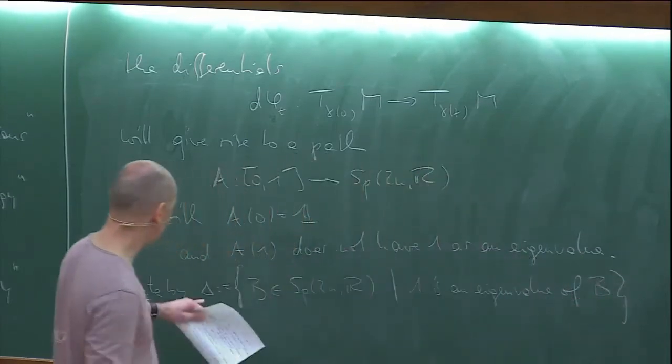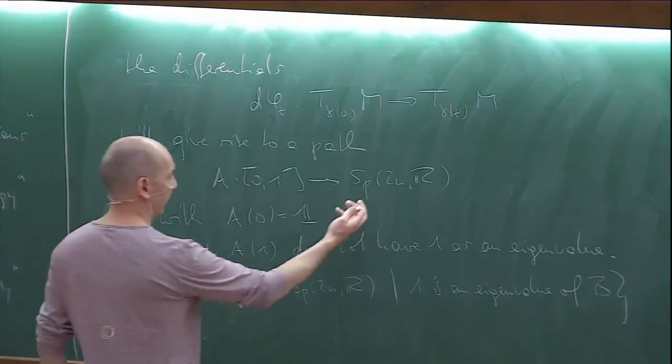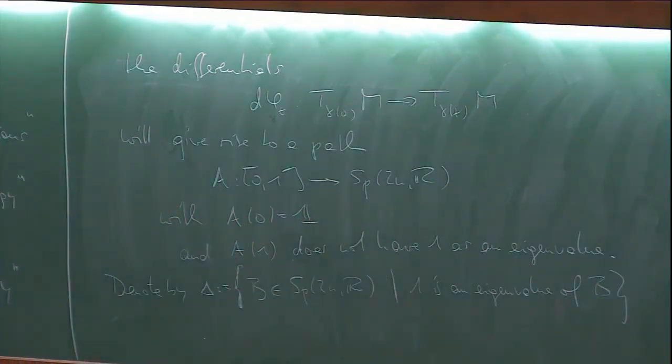Then it turns out that this is a codimension 1 subset of Sp(2n) called the Maslov cycle.